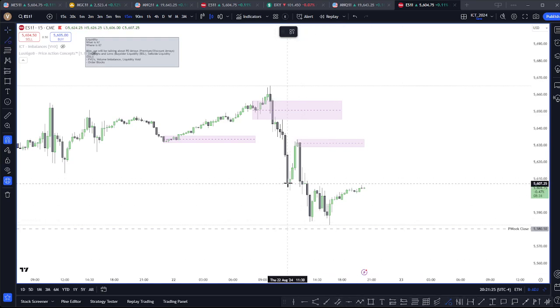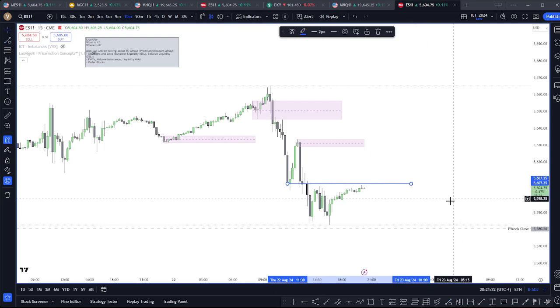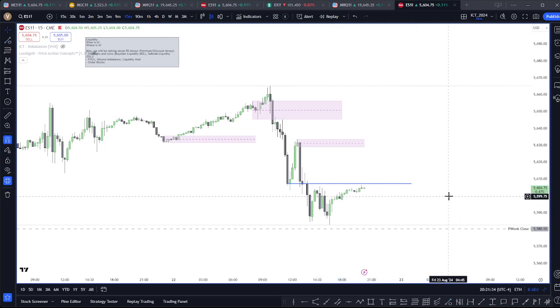Yeah, this one will become the breaker block, which it seems to be doing actually. It's not allowed price to go higher yet. And if it goes through, this will become a mitigation block.